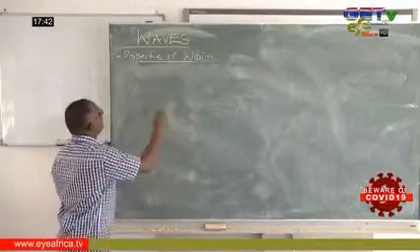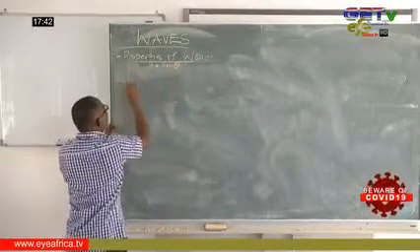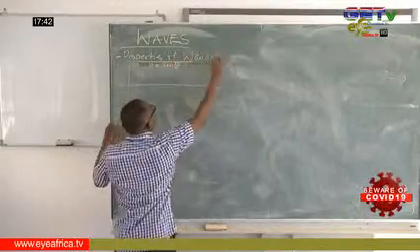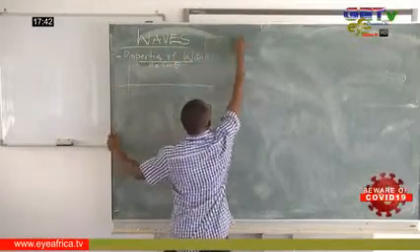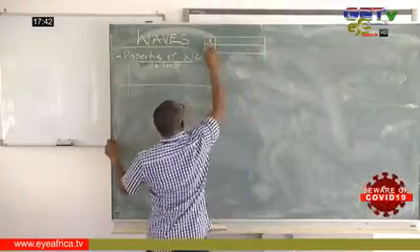As waves travel progressively, they have a mathematical representation. Remember, if you did your trigonometry well, you must have seen that if you plot the graph of sine theta, you will have a graph like this. Let's say I have a table with x and y.